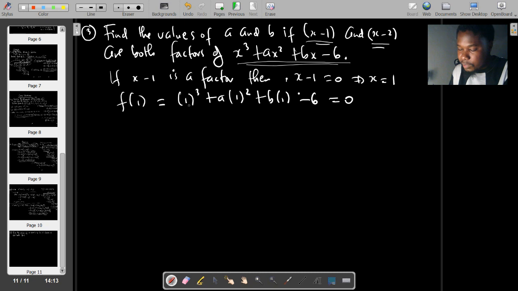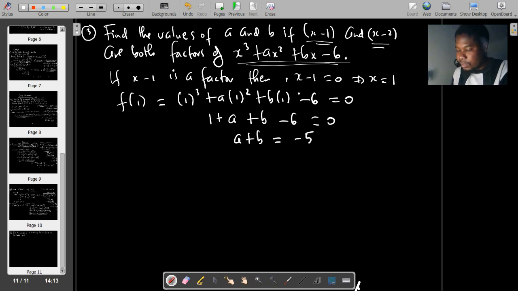So this becomes 1 plus a plus b minus 6. 1 minus 6 gives us negative 5. So a plus b minus 5 equals 0. So we can write a plus b equals positive 5 as our first equation.